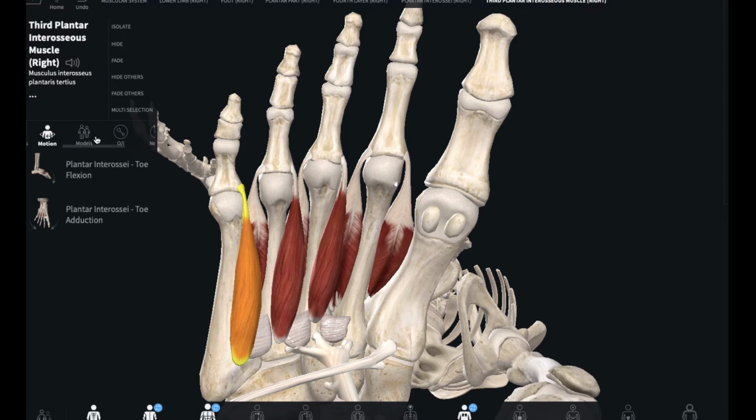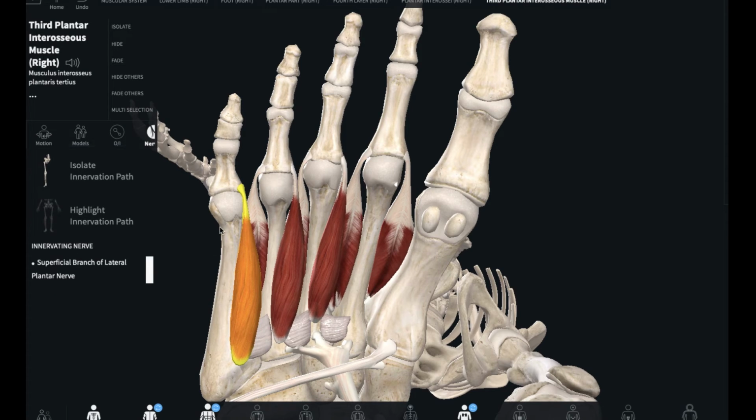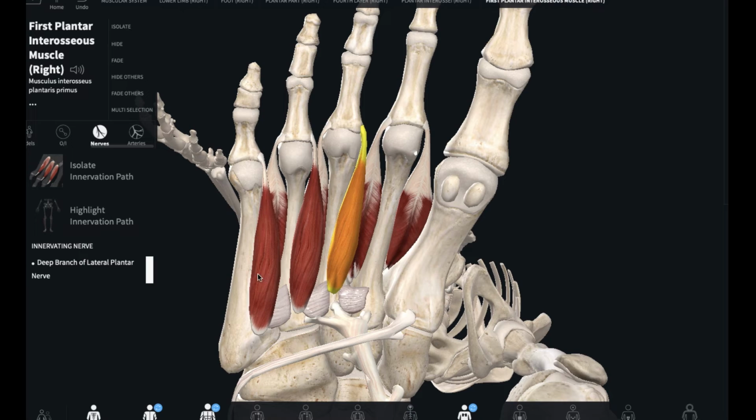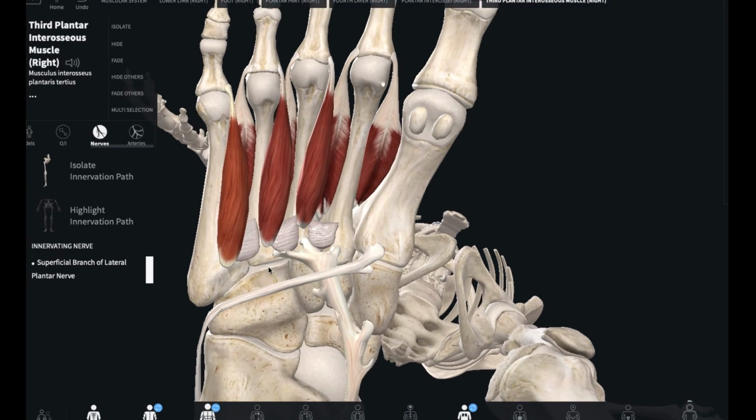And the nerve, now let's see here. Superficial branch of the lateral plantar nerve. Deep branch, though. Interesting. That's very interesting. This is the superficial.